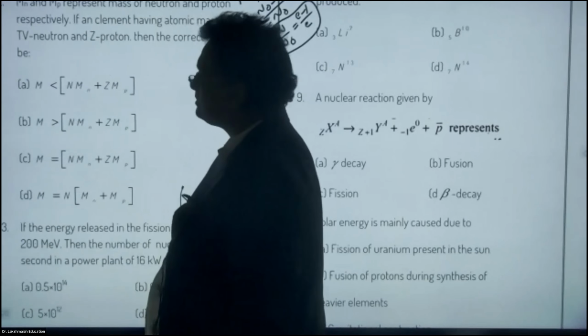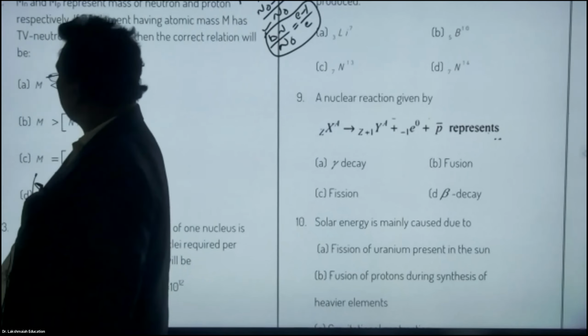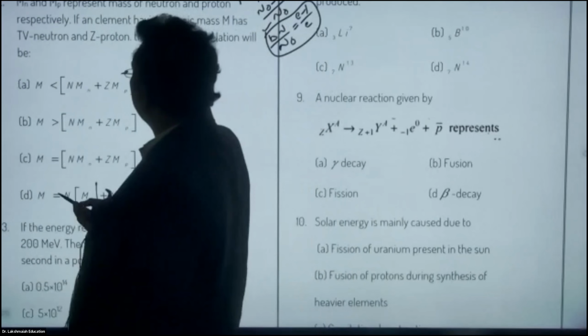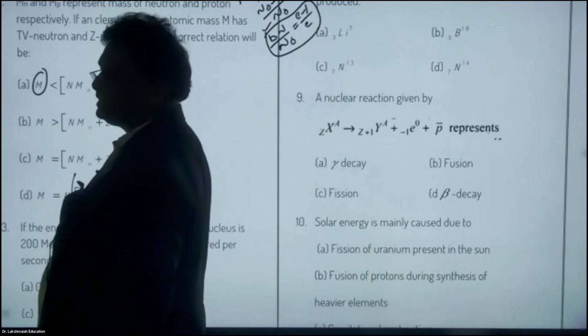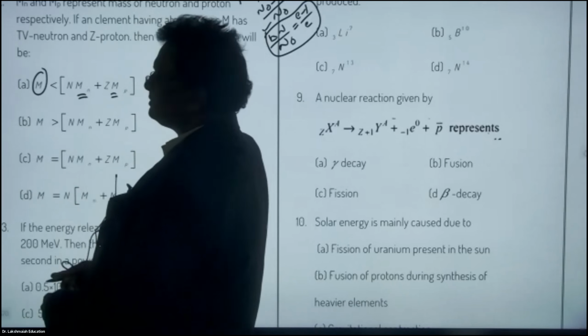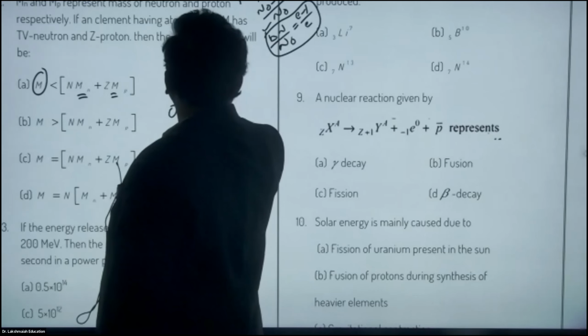What is the correct relation? The effective mass is less than the sum of the individual masses of protons and neutrons. See, all these are the nucleons.